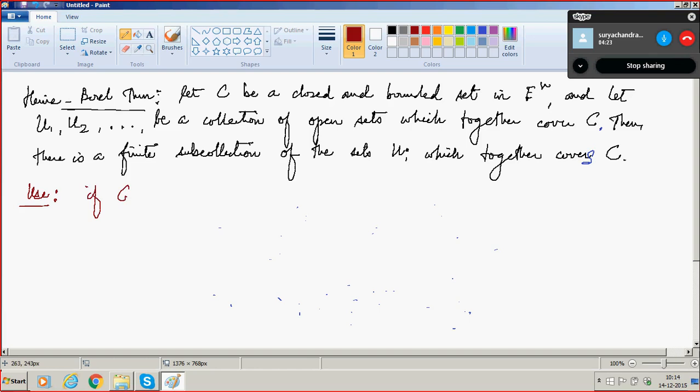If C is closed, and V is open, then C minus V is closed.